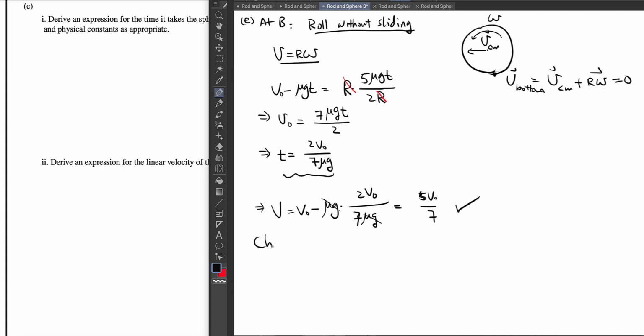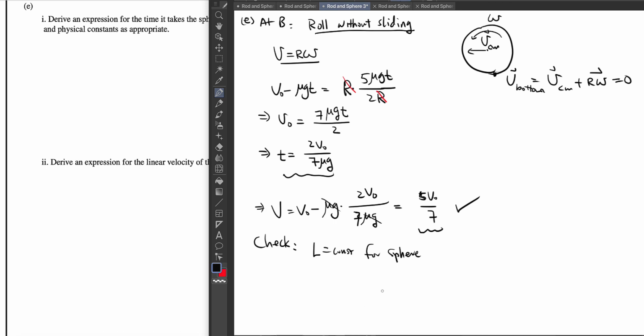Now, as a check, if you have time, let's say during the exam, since this one is already the last question, you want to check, right? So how about we check with another method for calculating this final velocity. We can use angular momentum conservation for the sphere.